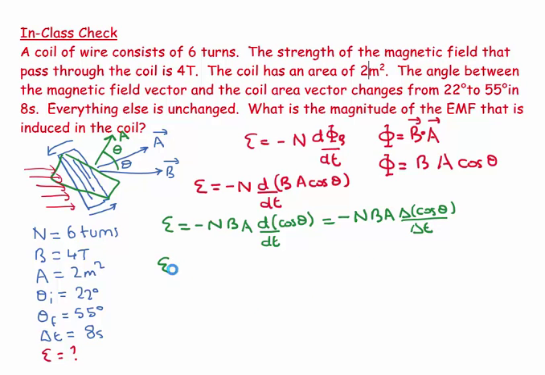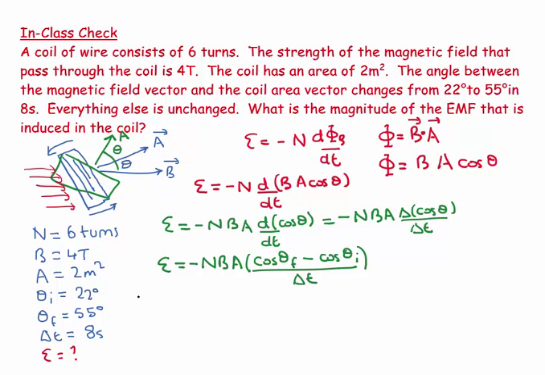So my EMF is equal to minus N B A times cosine theta final minus cosine theta initial over delta t.